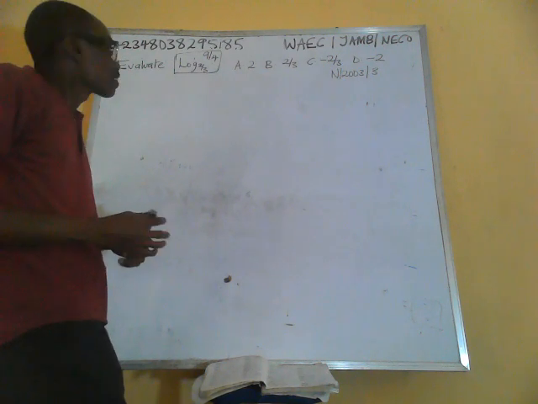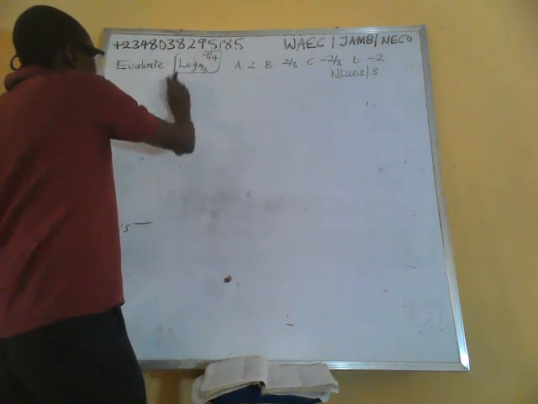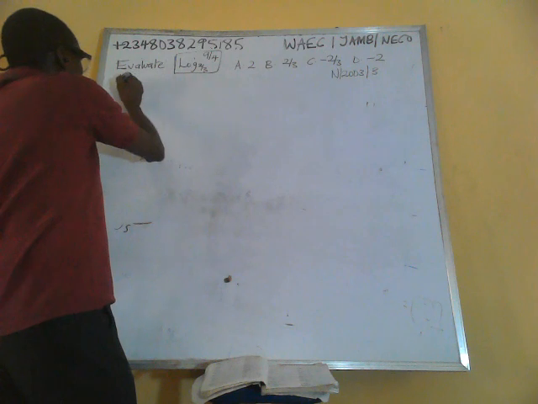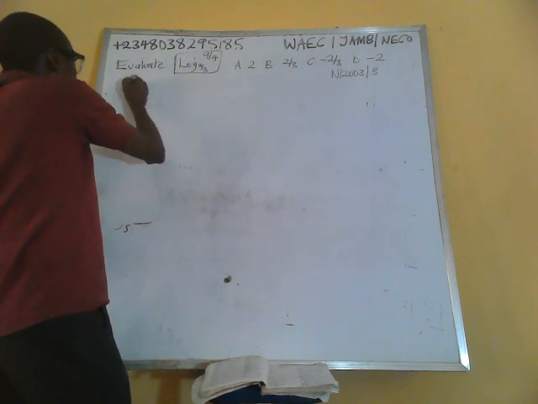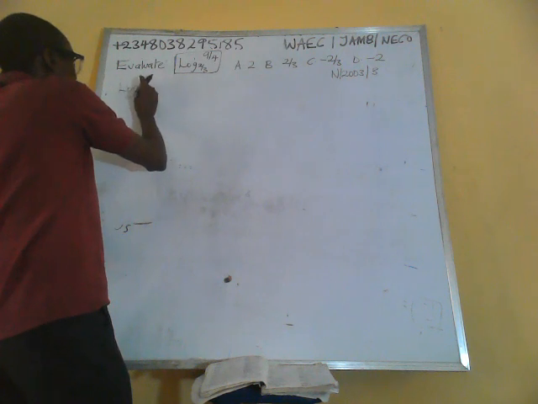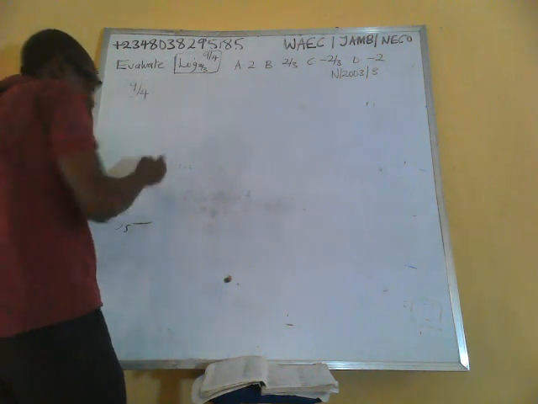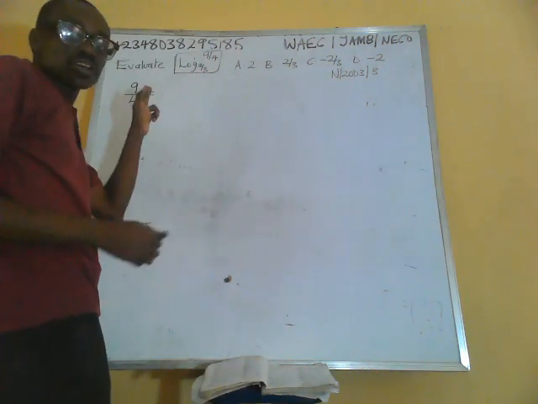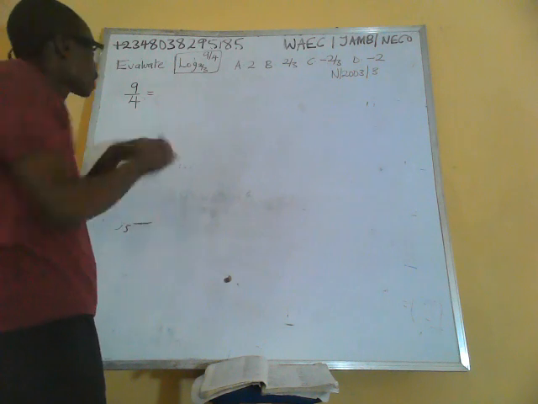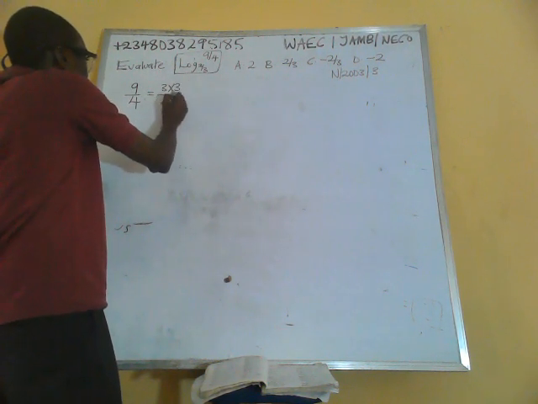Now 9 over 4 can be written as 9 is 3 times 3, while 4 is 2 times 2.